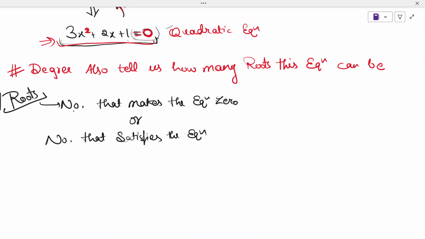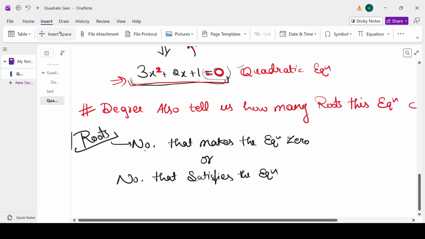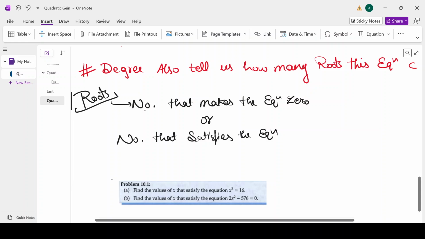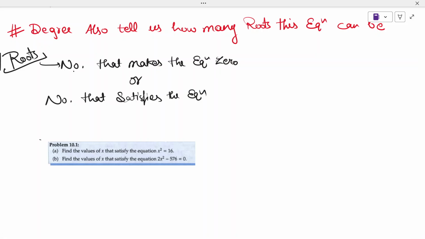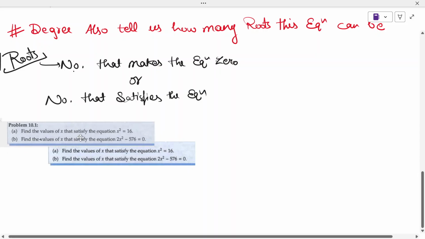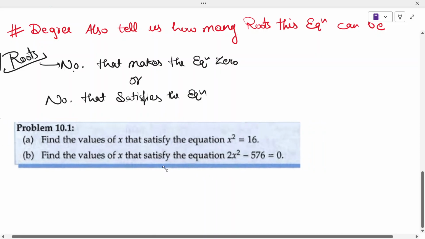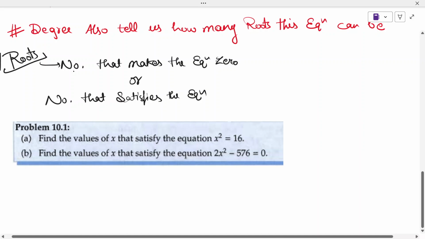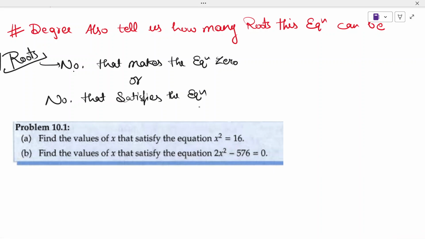Okay, now let's understand this by one example. So this is our example. Now solve this for x.